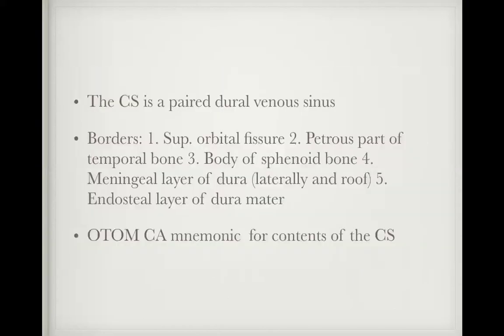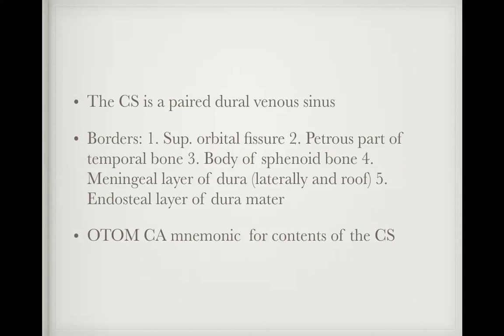Okay. Now the cavernous sinus is a paired dural venous sinus, one on each side of the pituitary gland. Anteriorly, we have the superior orbital fissure through which the inferior and superior ophthalmic veins pass to drain into the cavernous sinus.